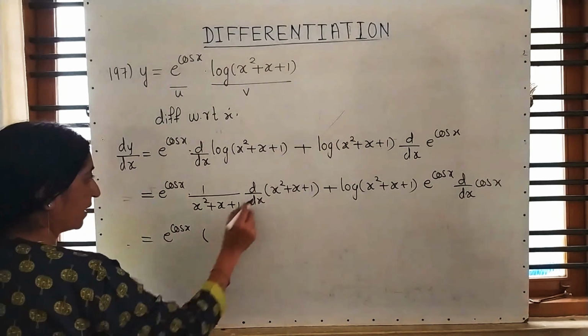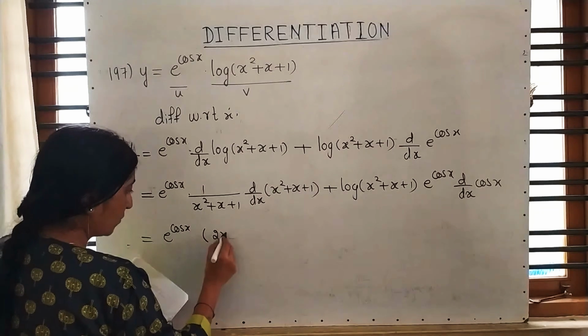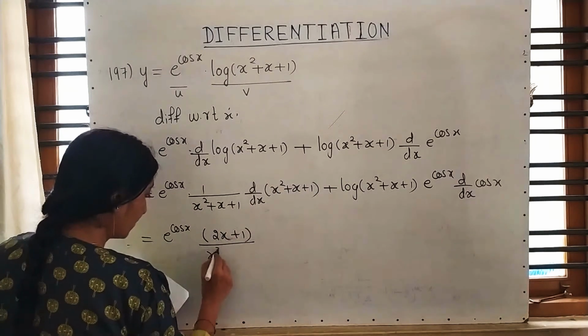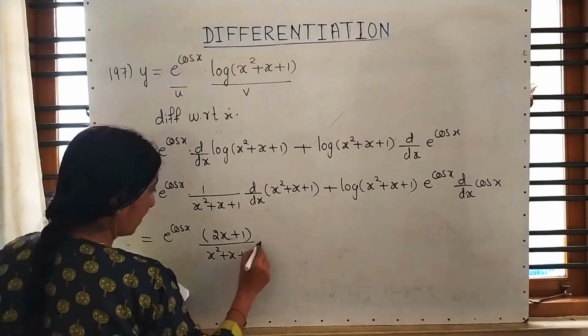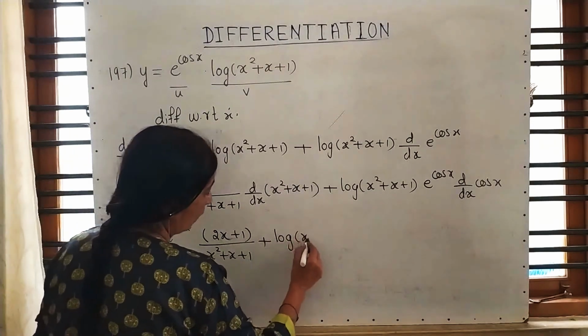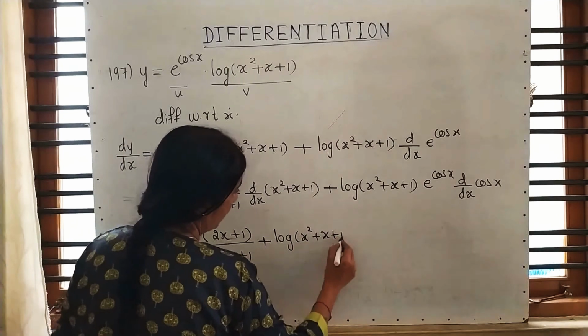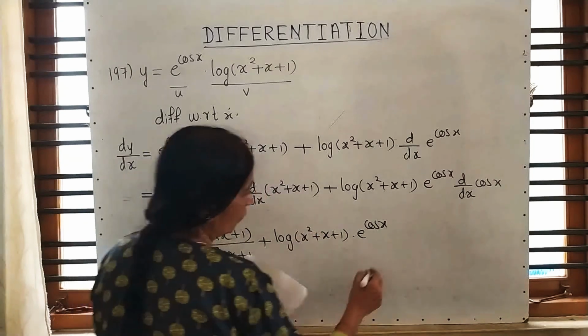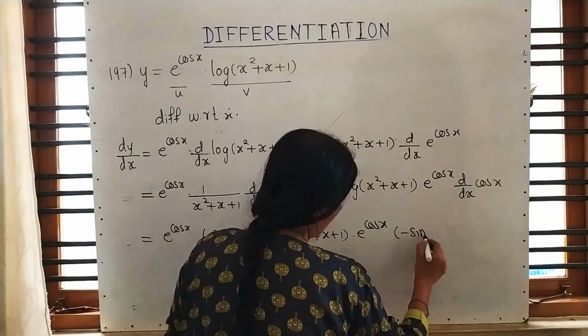Here in the bracket I wrote, differentiation of x square is 2x, differentiation of x is 1, plus log of x square plus x plus 1 into e raised to cos x as it is, differentiation of cos x is minus sin x.